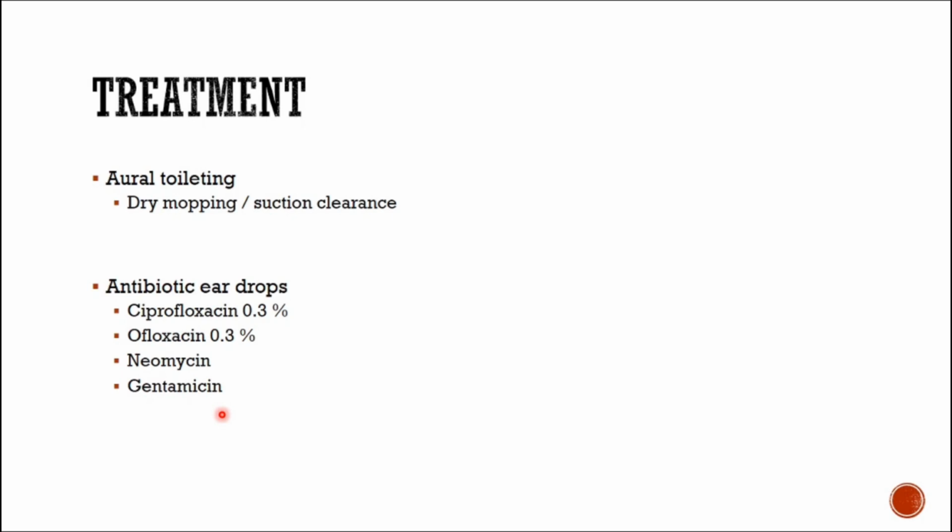As long as it is conductive hearing loss, it is surgically treatable, but sensory neural hearing loss cannot be treated. So you have to be very careful. If the patient goes to a quack or a pharmacist and gets only amikacin or gentamicin ear drops, the patient may present to you with sensory neural hearing loss.